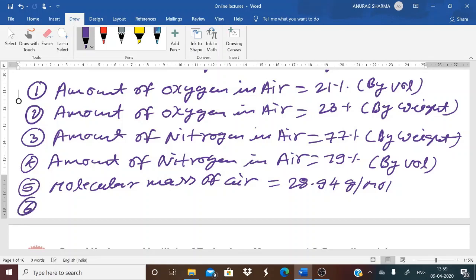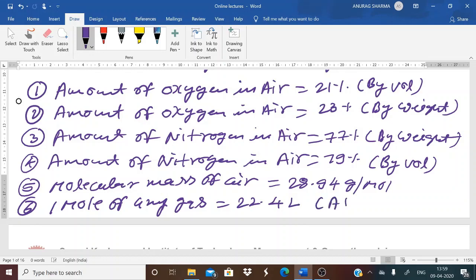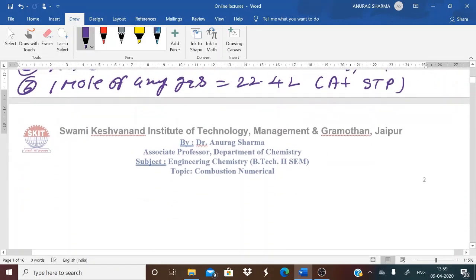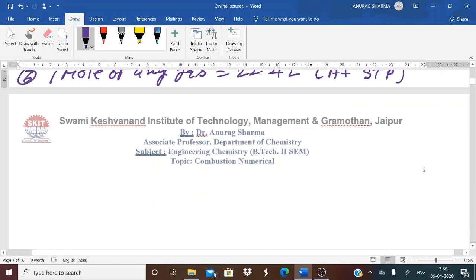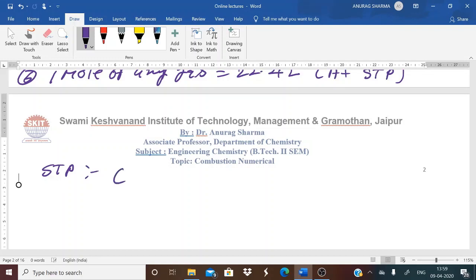Now, next, this point comes from the mole concept. 1 mole of any gas is equal to 22.4 liter at STP. So first we should keep in mind what is STP. STP means standard temperature and pressure.